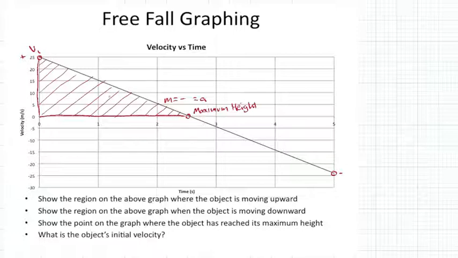Okay, so it was thrown up in the air here, and it reaches the maximum height, or the velocity 0, right here. And then we're asked, secondly, where is the object moving downwards? Well, that's the second part right here, wherever the velocity is negative. So after the maximum height, we've got nothing but negative values here for our velocity.